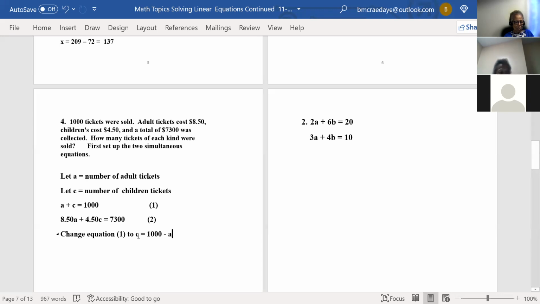No, what you have to do is substitute this into this equation. So you want to substitute C equals 1,000 minus A in equation 2.